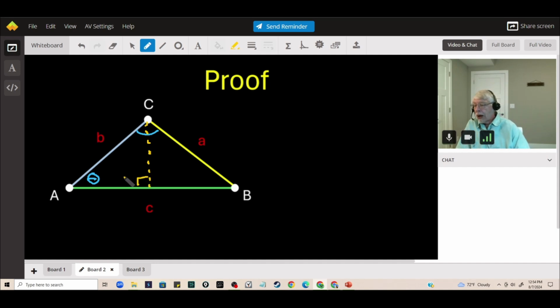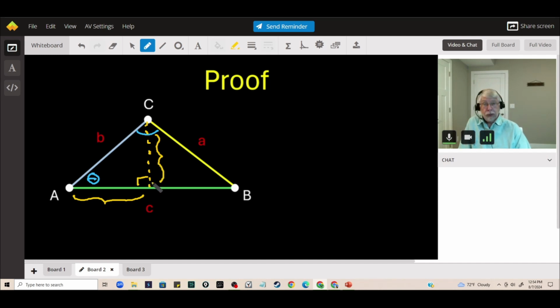So I'm going to look at this side right here. I'm going to look at the right triangle on the left side. And what I'm interested in is this length and the length of the height.